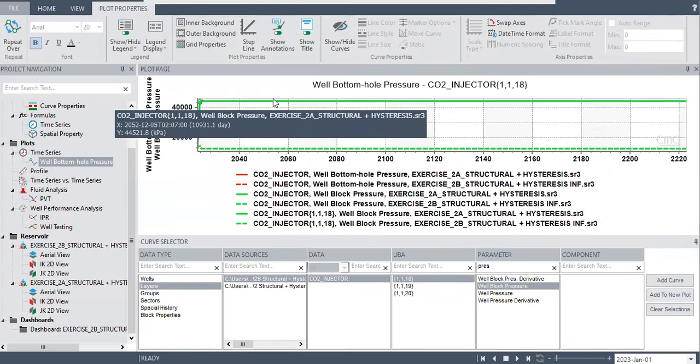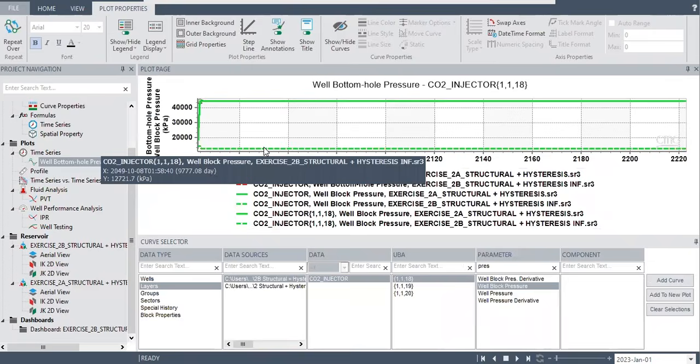So between 44,000 kPa in the case of limited reservoir, limited storage, limited aquifer, and 12,700 in the case of infinite aquifer. So you see, we have a difference in terms of pressure and the amount of CO2 that can be stored.